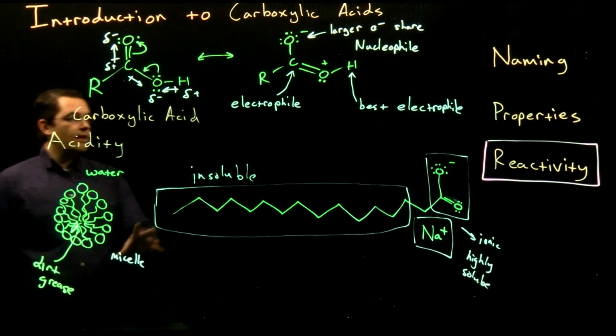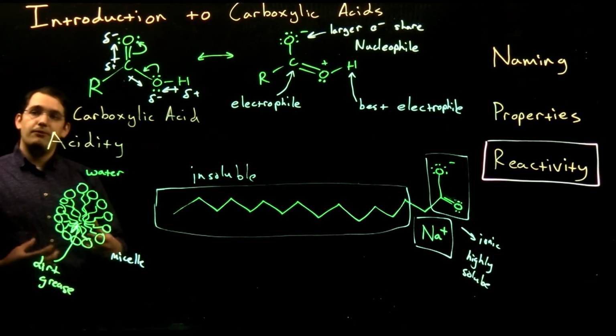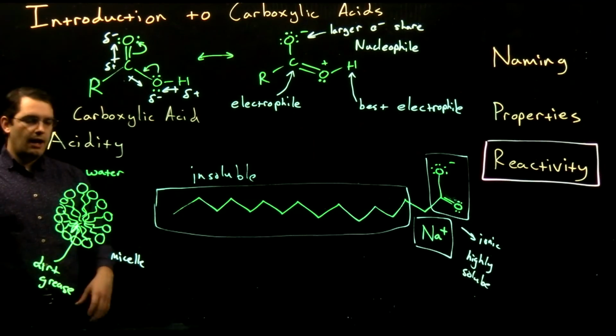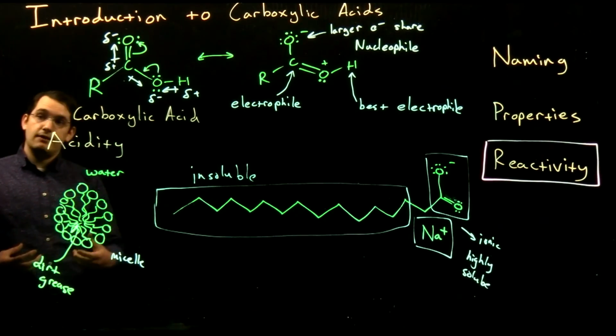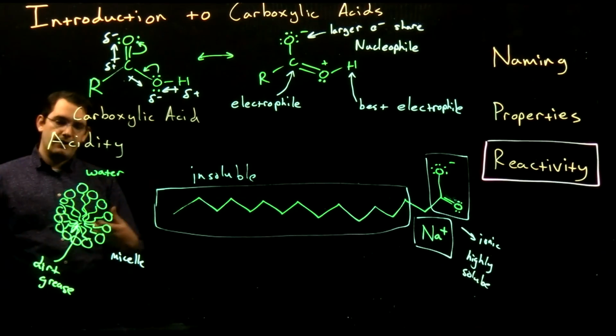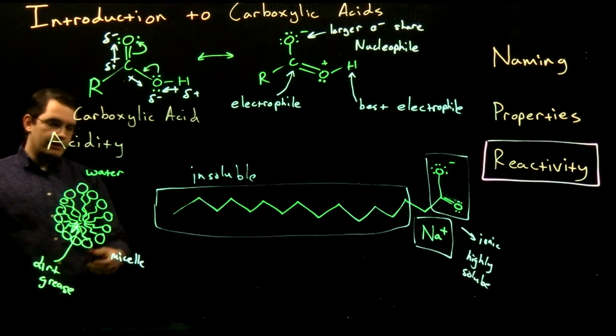So the body uses a variety of different kinds of amphiphilic molecules to make these sort of micelle structures. This can be used for actually digesting foods, helping to pull certain foods out of your aqueous environment in the intestines.